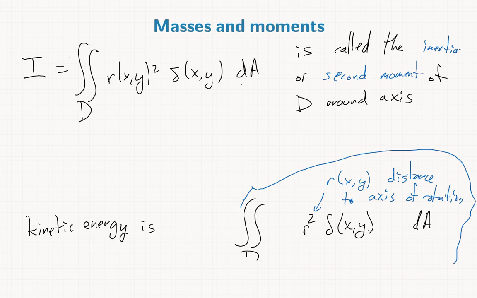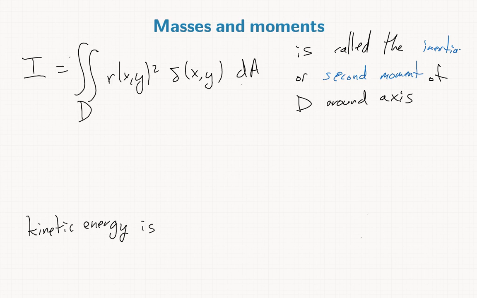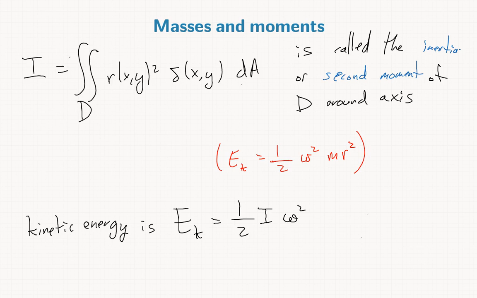The kinetic energy of D will then be 1/2 I omega squared, whereas when we were just discussing a single point with constant mass, we said it was 1/2 omega squared m r squared.